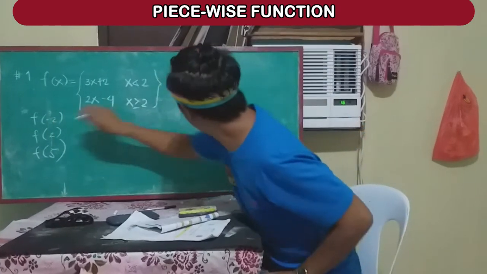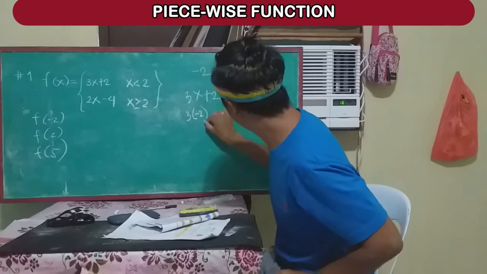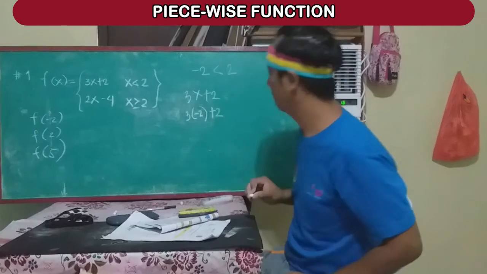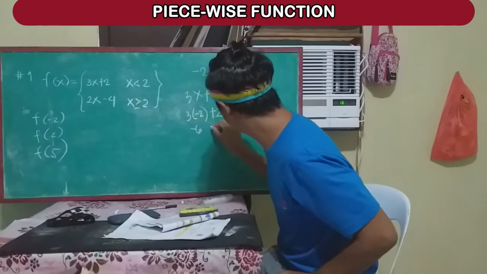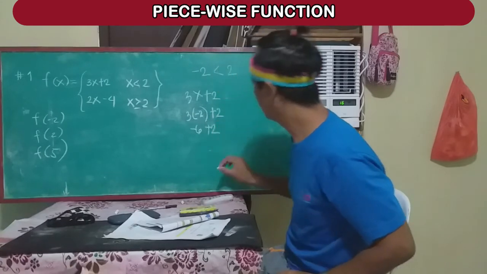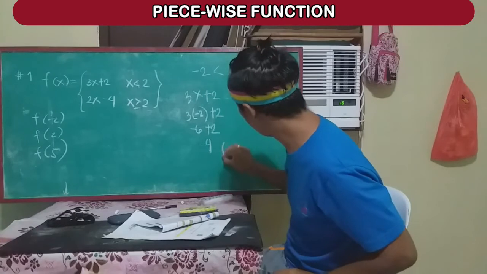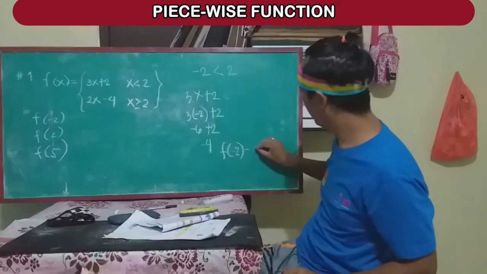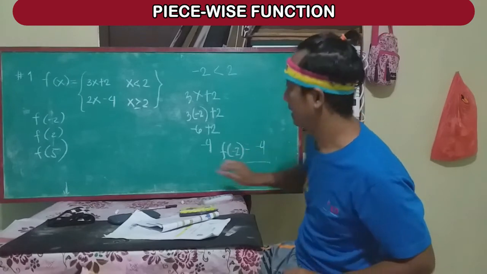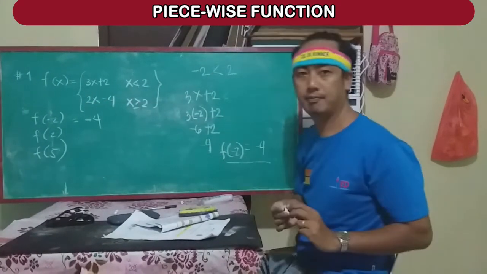Ang gagawin natin, papalitan natin ito ng negative 2. 3 times negative 2 plus 2. 3 times negative 2, negative 6, plus 2. Negative 6 plus 2, negative 4. So, f of negative 2 is equal to negative 4. Ang sagot dito, negative 4.